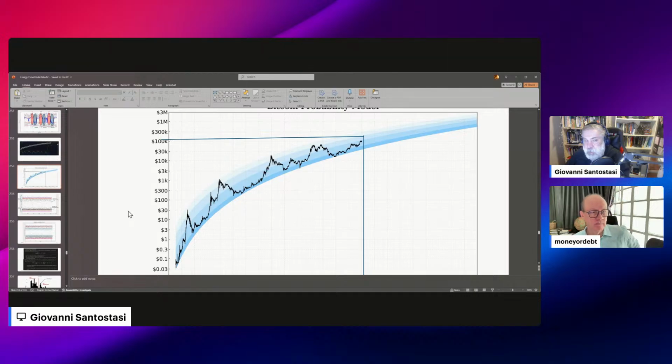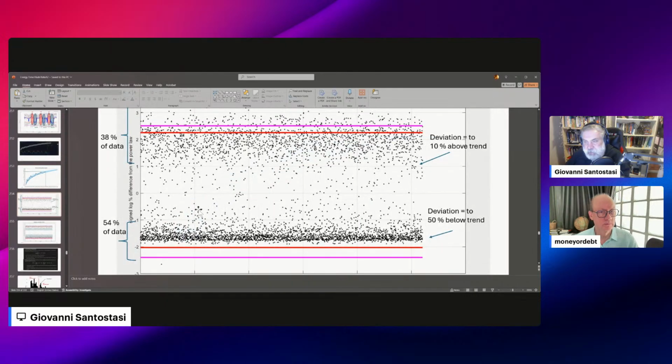Yes. And another thing I did was this graph. I was interested in understanding what these deviations from the power law look like. When you talk about deviation, you can do it in different ways. For example, in the equations we saw, these are differences between the model price and the real price.